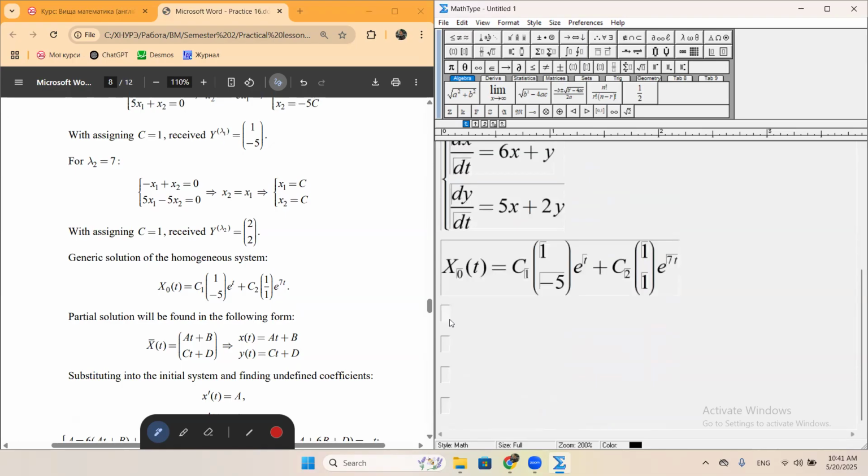So the partial solution will be found in the following form. It will be found as polynomials with undefined coefficients.